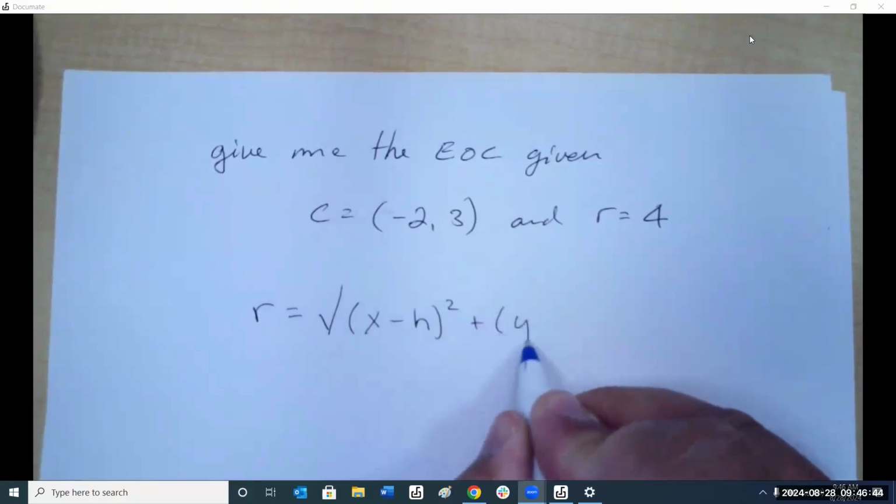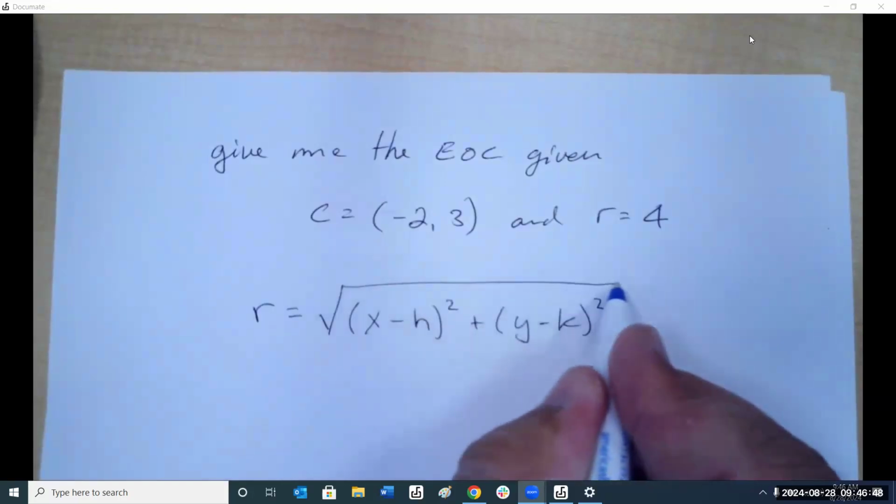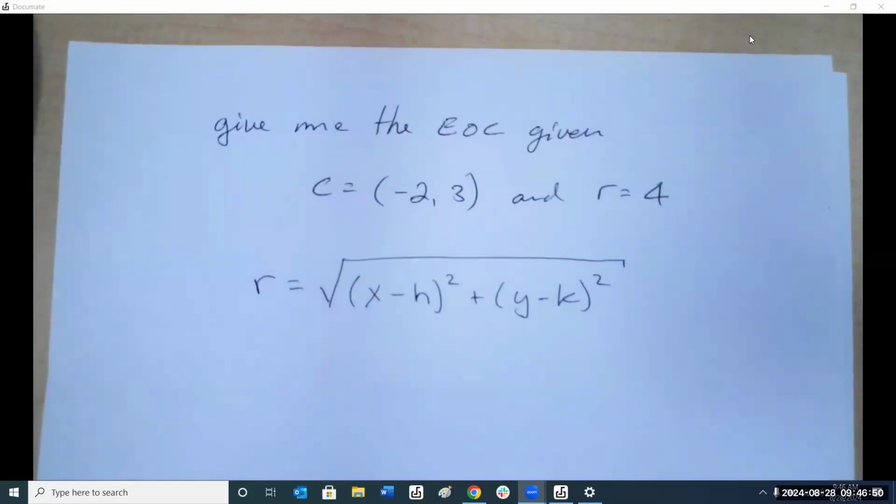You always start off writing your formula. Will everybody have the same answer?